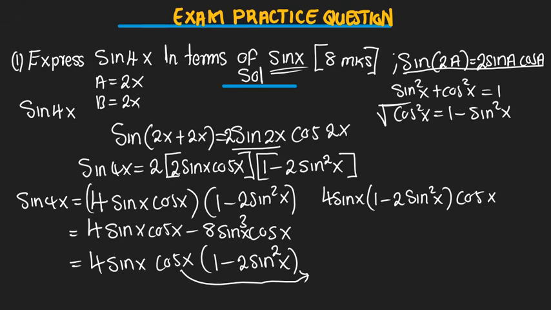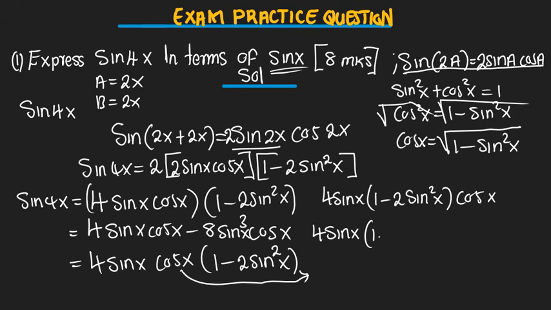If we take the square root of this guy, and also of this guy, cosine x is going to equal the square root of 1 minus sine squared x. So this is going to be 4 sine x, open bracket, 1 minus 2 sine squared x, close bracket, square root of 1 minus sine squared x. And this becomes our final answer.